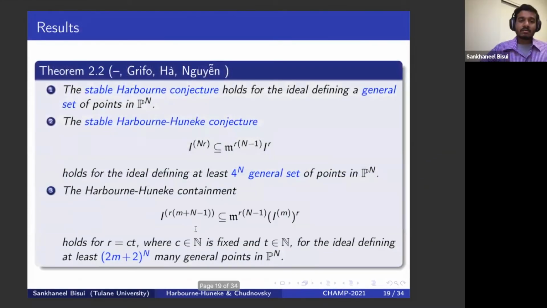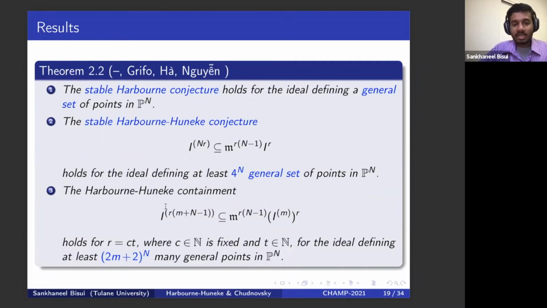Now, in our recent work with Eloisa, Tai Ha, and Thai, we proved that the stable Harbourne containment holds for ideals defining any general set of points in the projective space. Secondly, the stable Harbourne-Huneke containment, meaning the nth symbolic power of I sits inside M^(rn minus r) times I^r, holds for at least 4 to the power n many general points in the projective space.